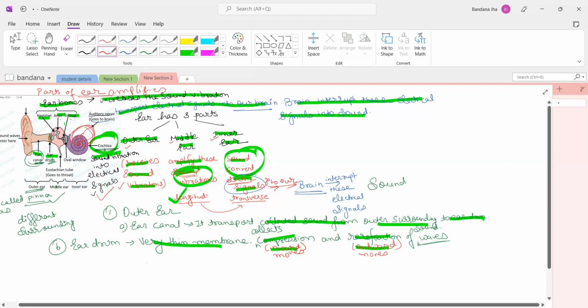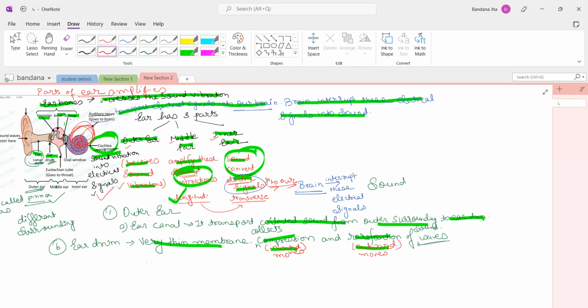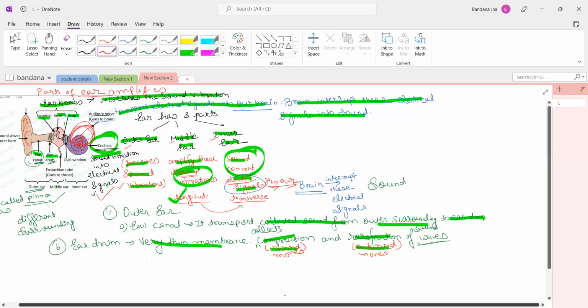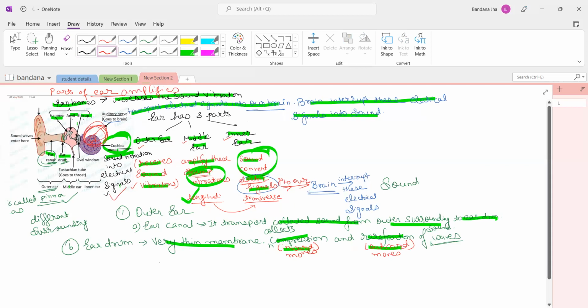And then with the help of the auditory nerves, it goes to our brain, where the brain interprets these electrical signals into sounds. And one more thing, the outer ear is also known as what? Pinna.